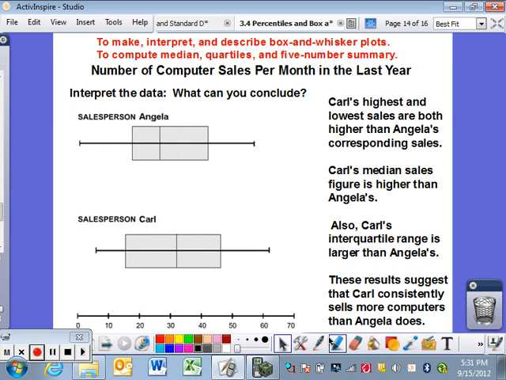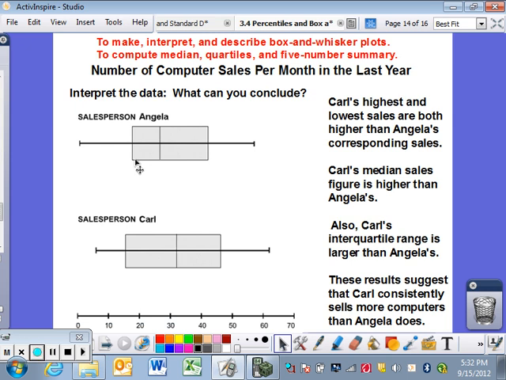Now that could be an argument. Maybe she's better because she has a lot more data within the middle, where he's spread out more. I don't know, you could argue a lot of different things. The only thing that Carl's really lacking is that interquartile range is a little wider, and his first quartile is lower than Angela's.